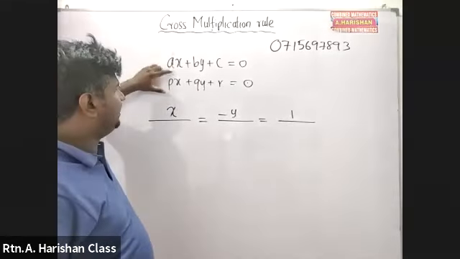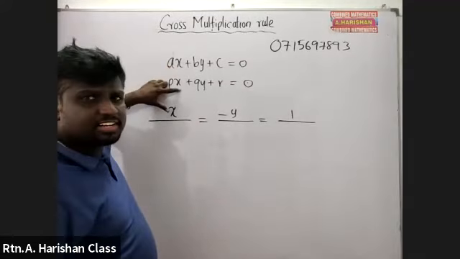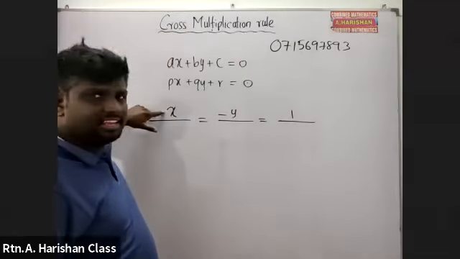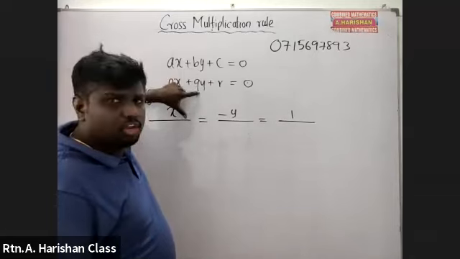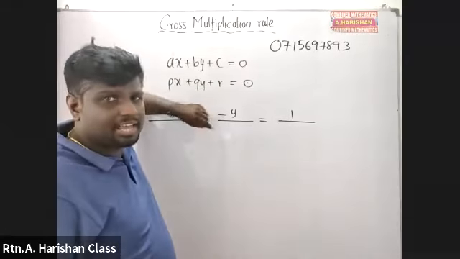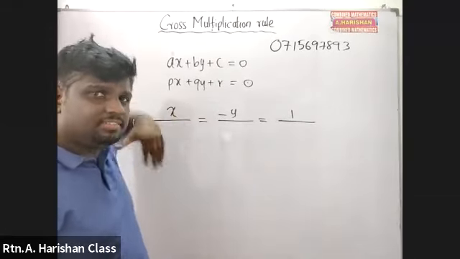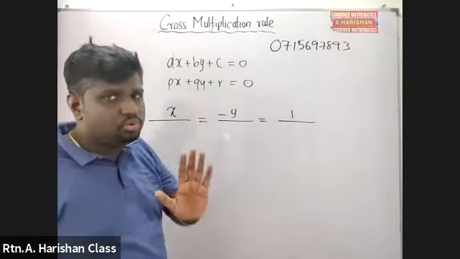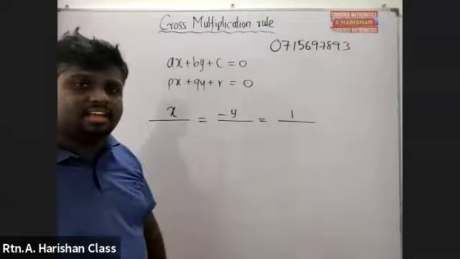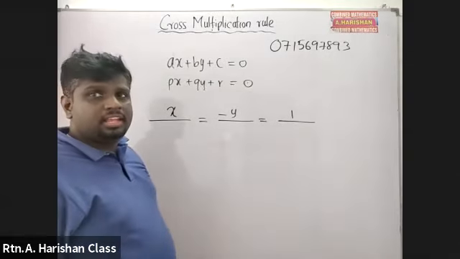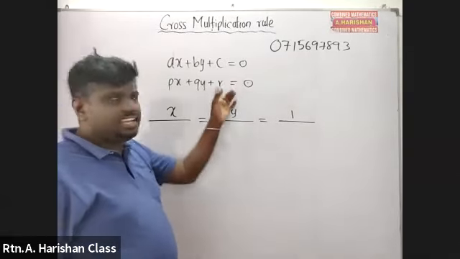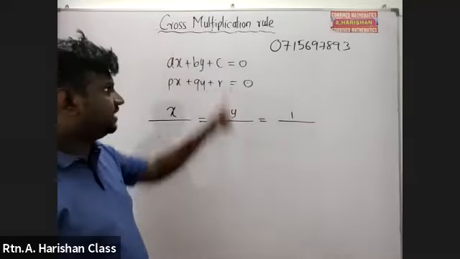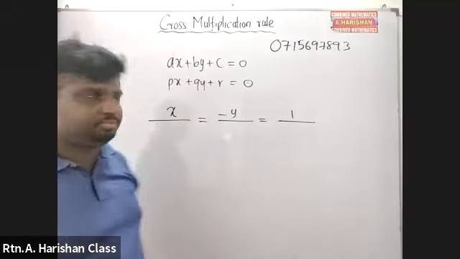See ax, px. What is the common one? x. So I put the x here. Here by, qy. What is the common one? y. But I put minus because we will explain that using matrices later, not now. So the minus is always there in the middle. Is it clear? Then c and r, 1, because the common number is 1.